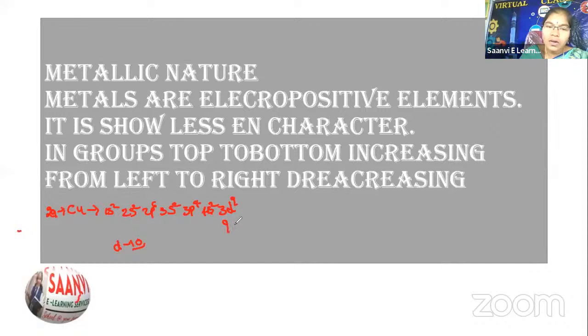If it takes one electron, it becomes stable. So this one electron it will take from the s orbital. Now the electron configuration is 4s1 and 3d10.